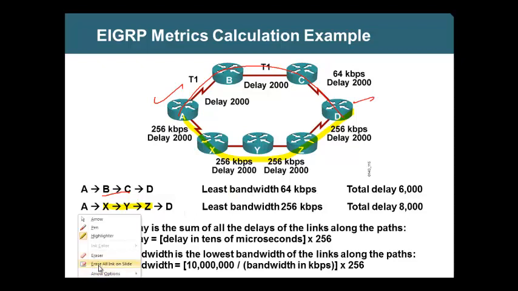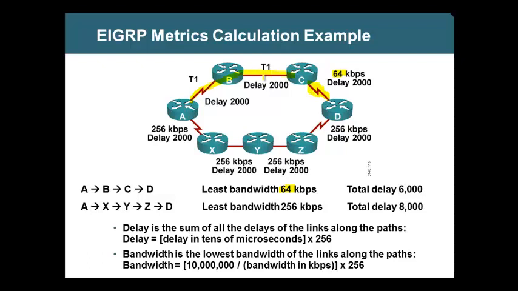For that, the slowest link bandwidth means what? 64 is the slowest link here in this path. This is the slowest link. You should not take T1, which means 1500 kilobit per second.